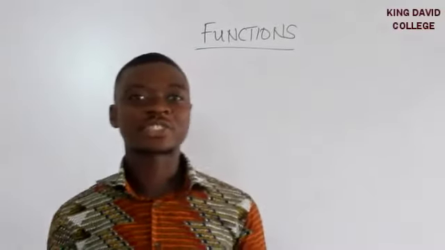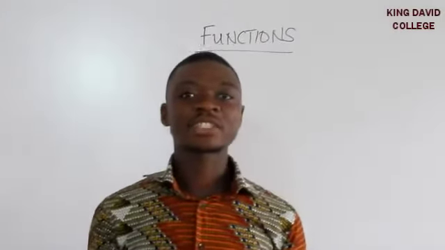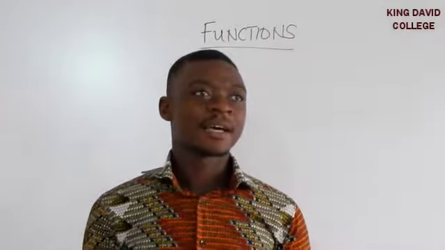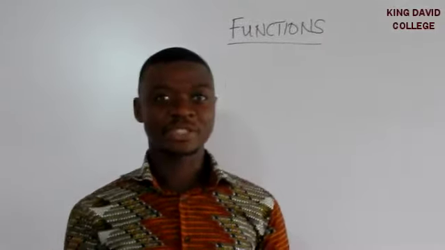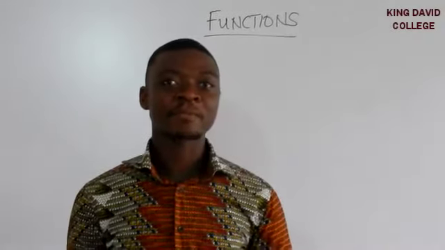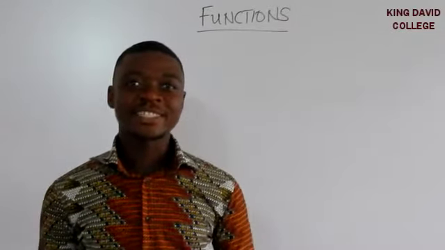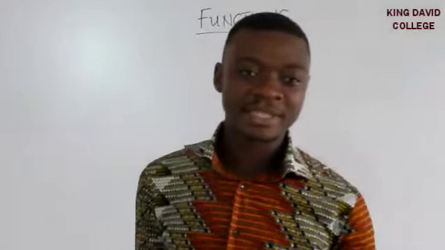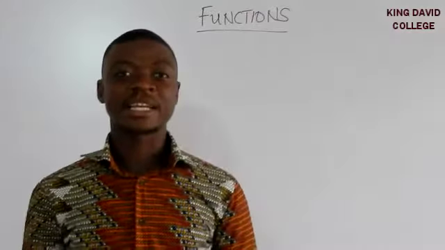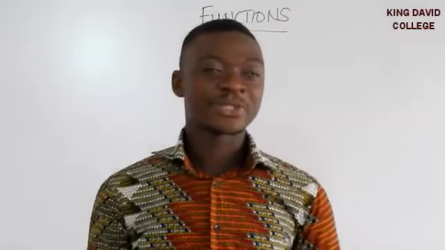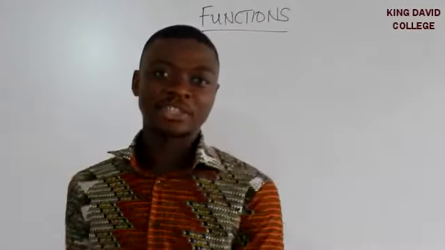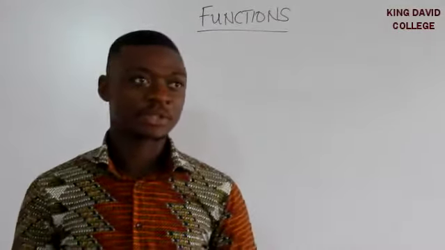So when we say function, a function is more like a machine, a mathematical machine, okay? And in every machine, it accepts an input, and then processes it to give you a corresponding output. So we can liken a function to such relation.